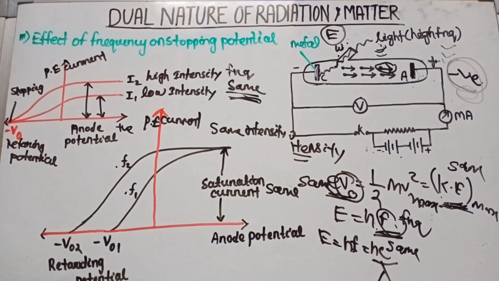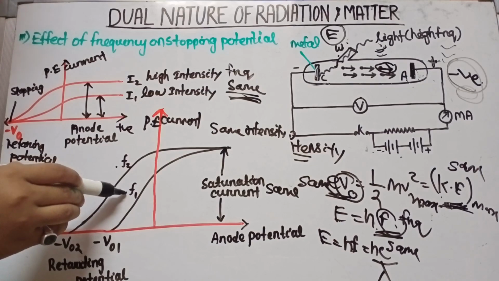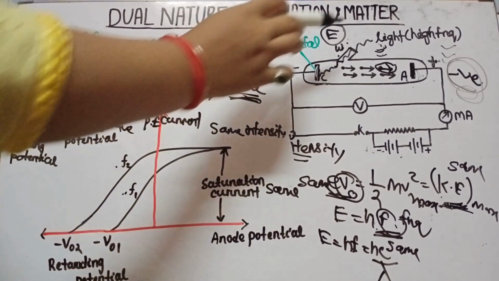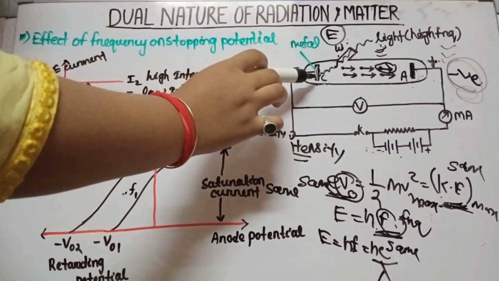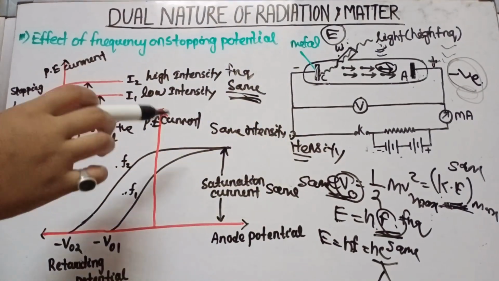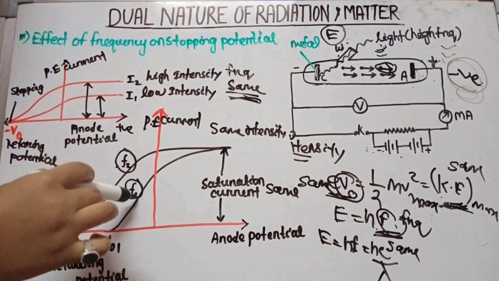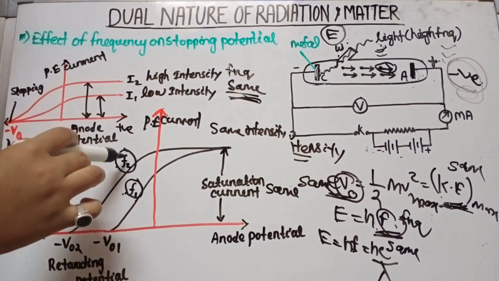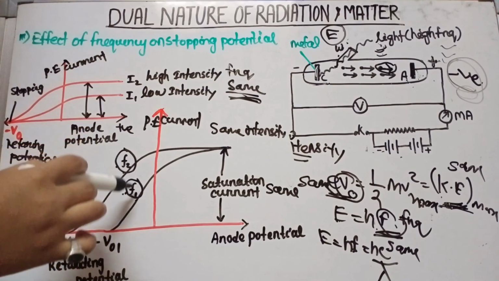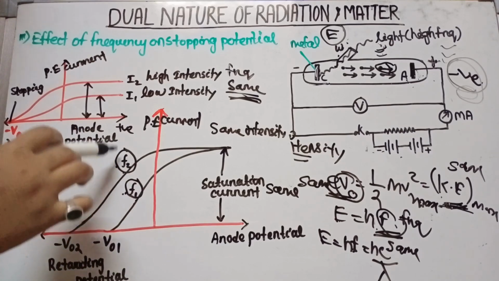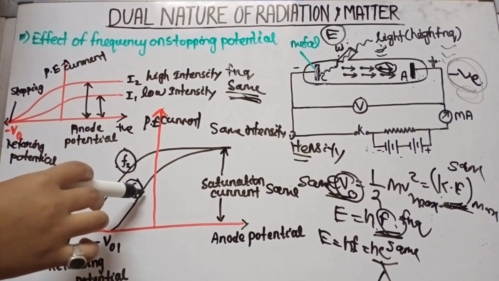Yes. Now, here we consider two different colors of incident light, two different frequencies of radiation. We take the first frequency as F1 and another one as F2.